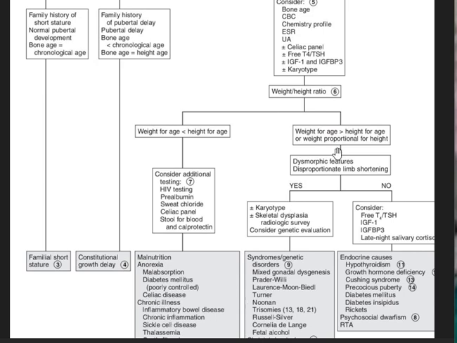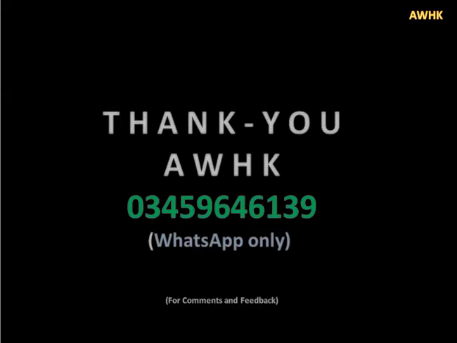If the weight for age is more than height for age and there are syndromic causes such as mixed gonadal dysgenesis, Prader-Willi, Laurence-Moon-Biedl, Turner, Noonan, trisomies, Russell-Silver. And if there are no dysmorphic features present, then you check the endocrine causes such as hypothyroidism, growth hormone deficiency, Cushing syndrome, precocious puberty.